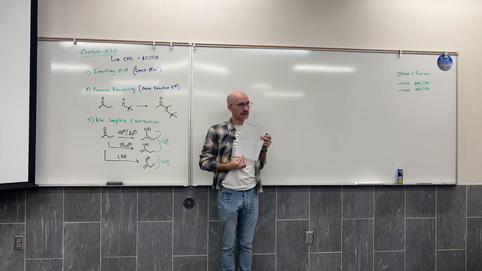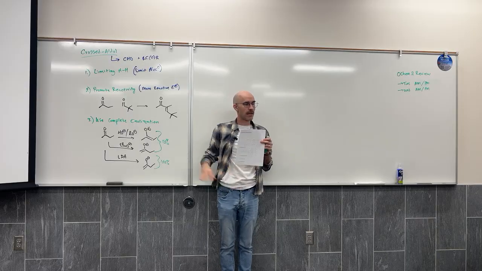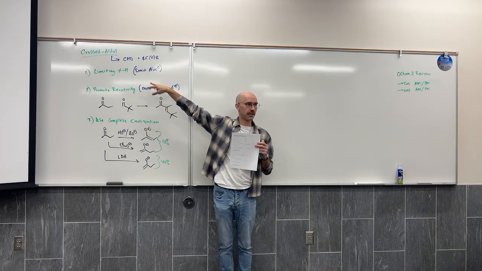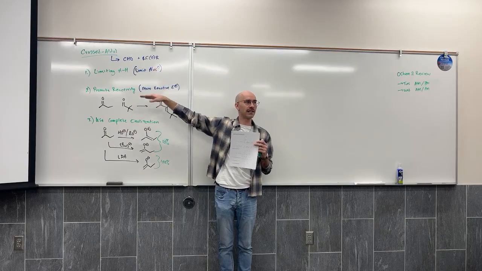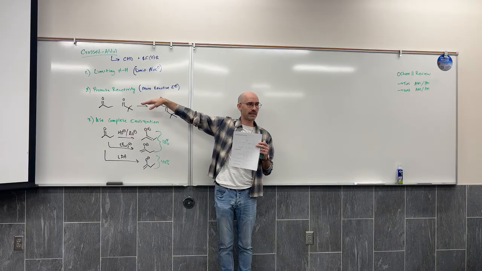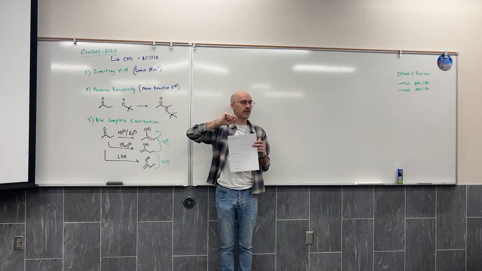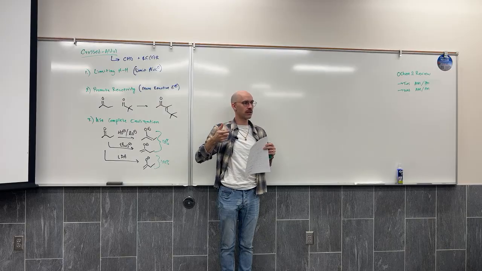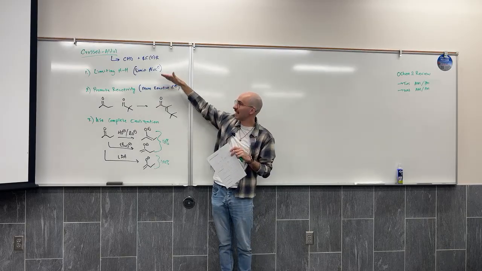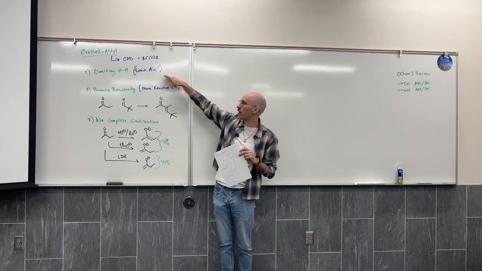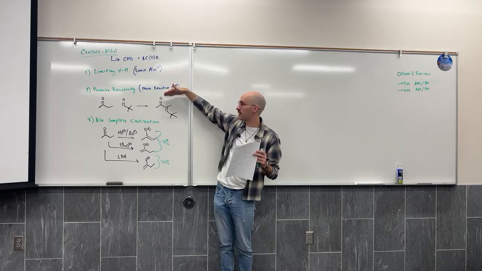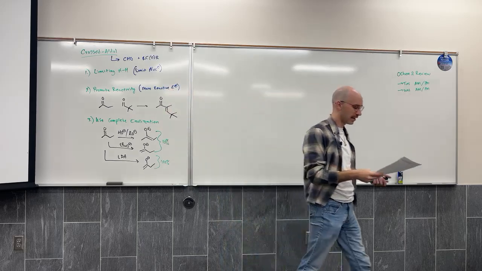So I want you to recognize that this last example doesn't follow the first two rules. It doesn't limit alpha hydrogens, and it doesn't promote reactivity. That's the point of complete enolization: if I can't lean into these two methods, complete enolization allows me to get around that.